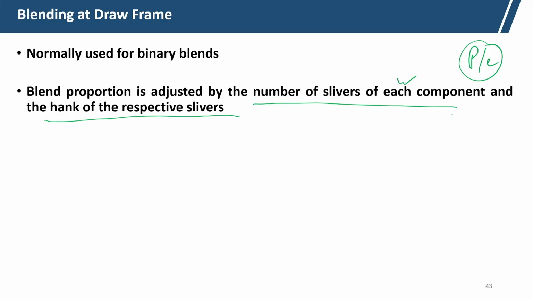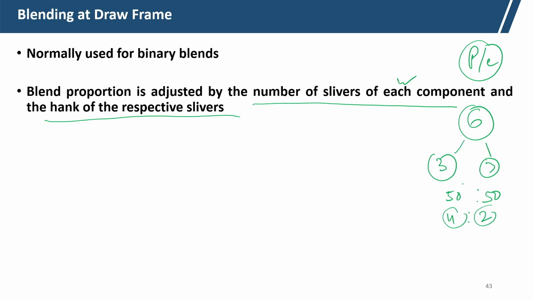Say we have 6 slivers, with 3 and 3, we can achieve 50-50, or 4 and 2, then we can calculate roughly 70-30, or 32 point something. So, there is a limitation.